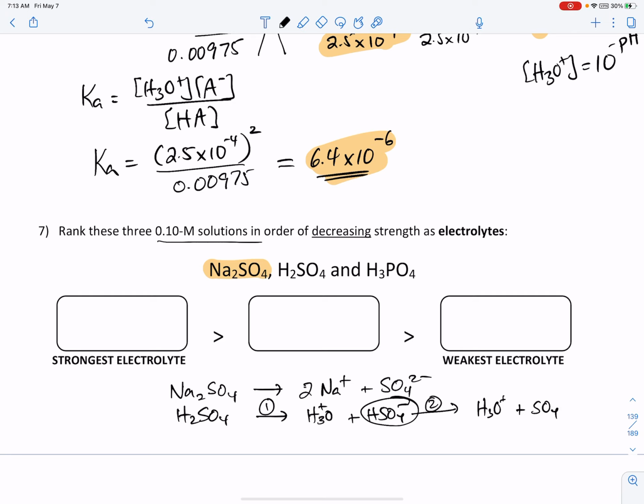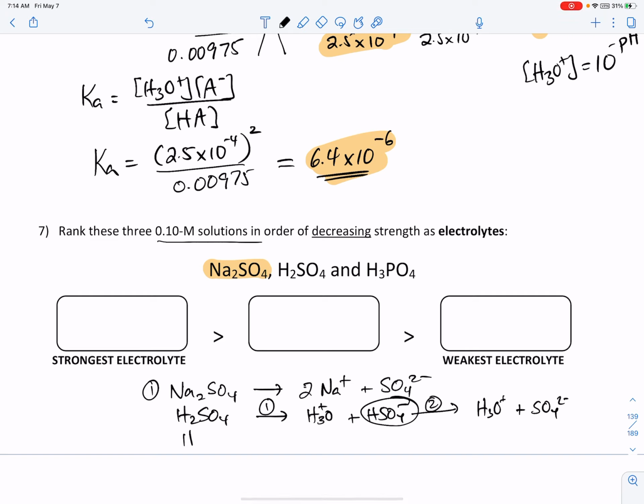So it does not ionize completely in a second step. So the first step was strong. It's going to produce 1 mole of hydronium and 1 mole of HSO4, 1-to-1 ratio. But then the second step is weak. So of those two, because the first one produces 3 moles of ions for every 1 mole of sodium sulfate, the second one produces only 2 moles of ions for every 1 mole of the acid, and then a little bit more in a second step. So right now I'm thinking the first guy is a better electrolyte because it's producing more ions.